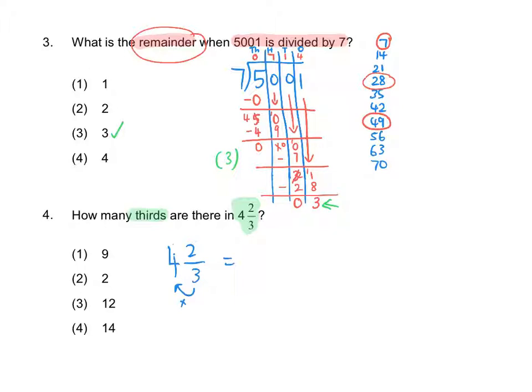You multiply and you add. From mixed number to improper fraction, the denominator remains the same. 3 times 4 is 12. 12 plus 2 is 14. So 14 thirds. So how many thirds are there in 14 thirds? It is simply 14. Okay, so the answer should be number 4.